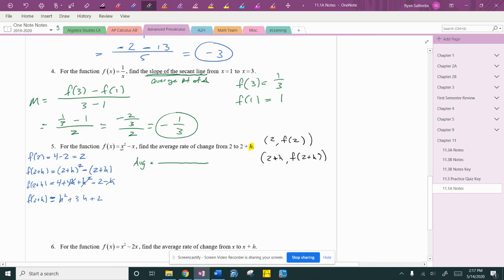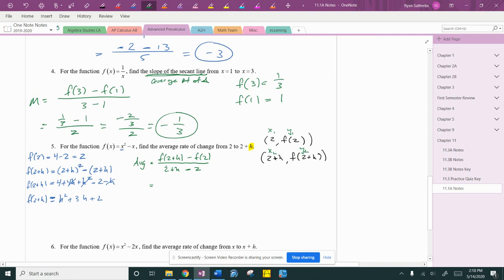So I have f of 2 plus h minus f of 2, all over, excuse me, all over 2 plus h minus 2, right? Just doing my slope formula where this is x1, y1, x2, y2.